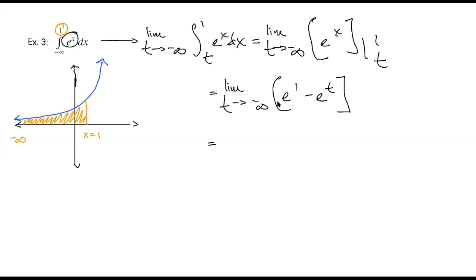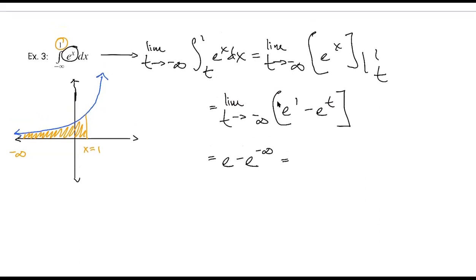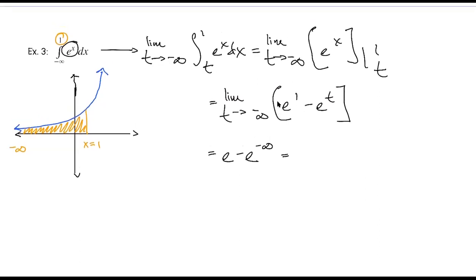So e to the 1 is e, minus e to the, let's plug in our negative infinity. What is e to the negative infinity? What does that go to? 0. It does go to 0.